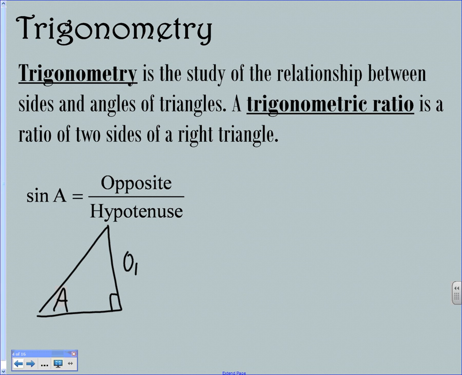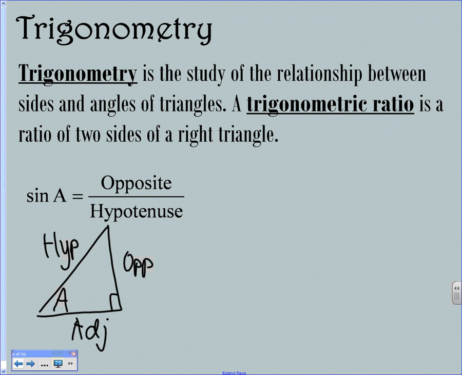This is my opposite. Which one is my hypotenuse? The hypotenuse. Who remembers what this is called? The adjacent, yes. Okay? So our sine is the opposite over the hypotenuse.